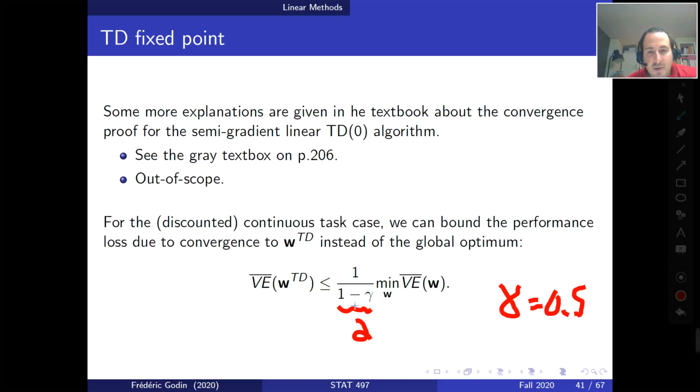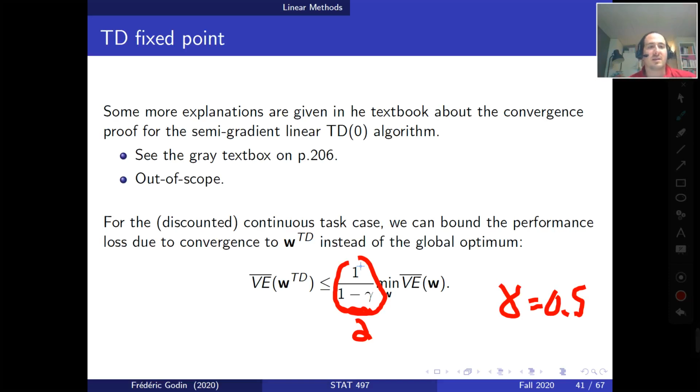Okay, but we said we must have a discounted continuing task. So when gamma approaches 1, so if you have an undiscounted task, then gamma would be equal to 1, or maybe let's say a discounted task but with a discount factor very close to 1, then 1 minus gamma would be very close to 0, and this whole term here would simply explode. Okay, 1 divided by 0 is infinity.